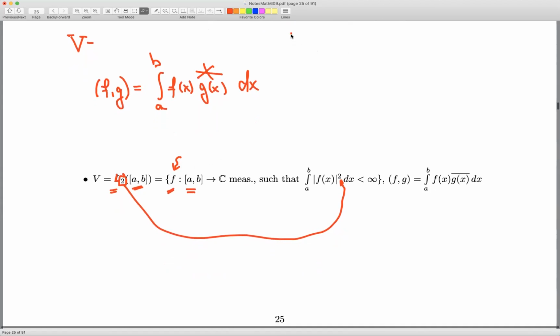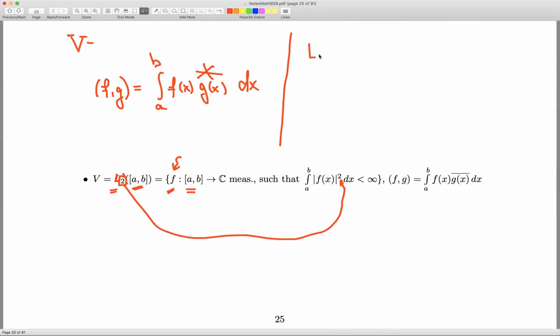Let's consider the space L2 of [-1, 1]. So what is this set?